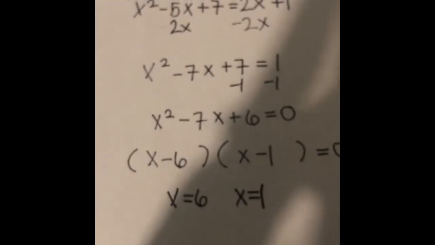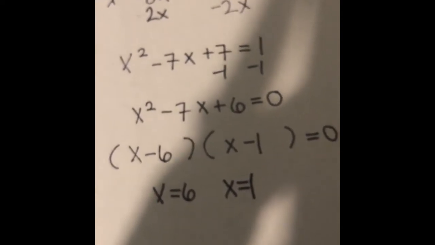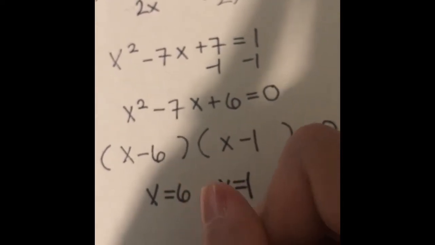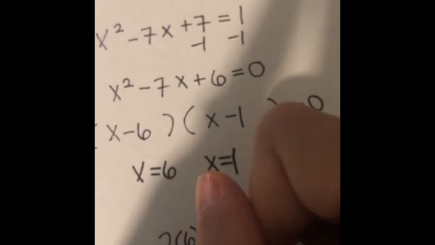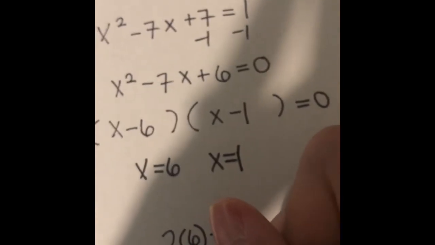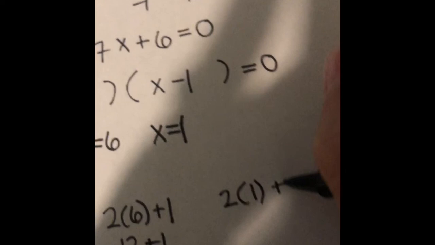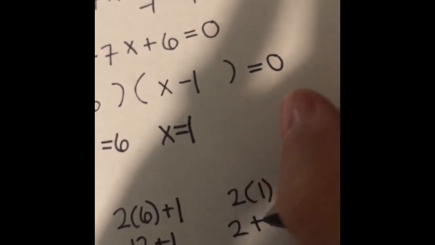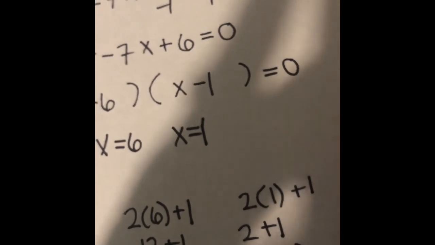And then from there, you can plug these into either equation to get your y values. So I'm going to choose the linear one, so 2 times 6 plus 1, which is 12 plus 1. So that means our point is 6, 13. And then over here, 2 times 1 plus 1, so that's 2 plus 1, which is 3. So our other point would be 1, 3.